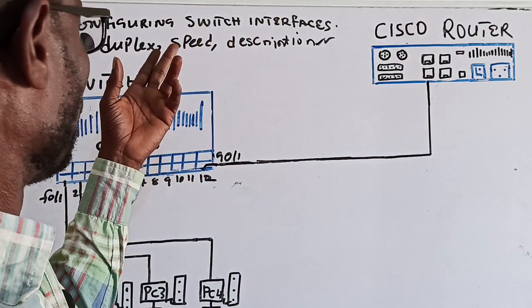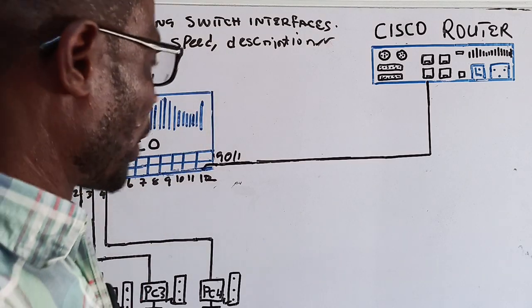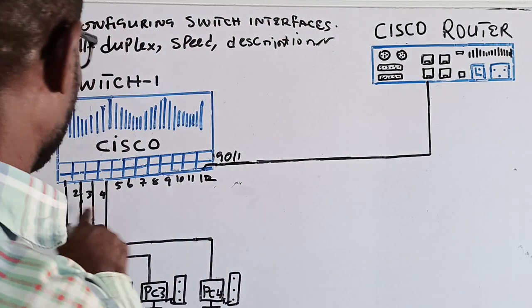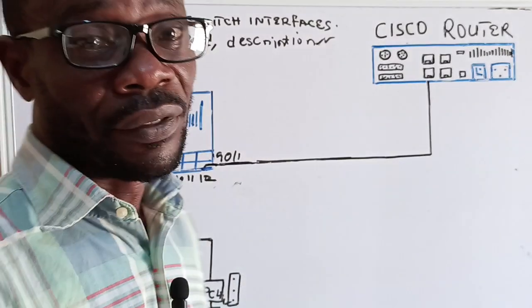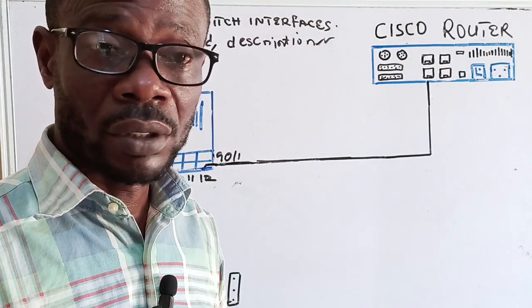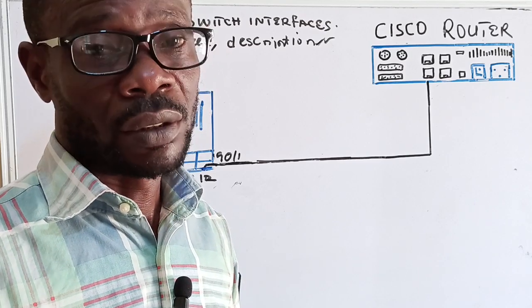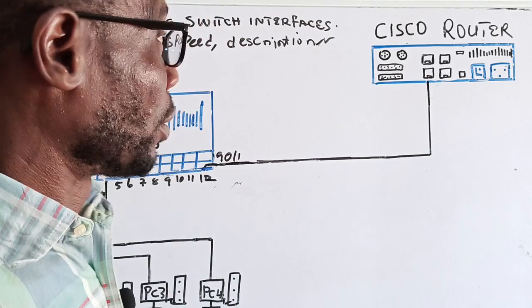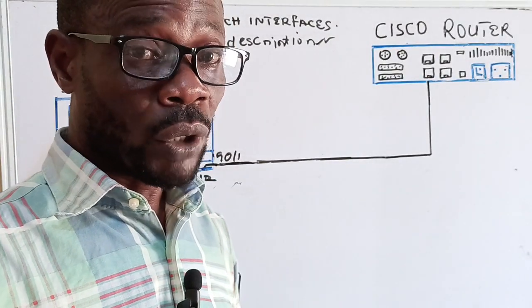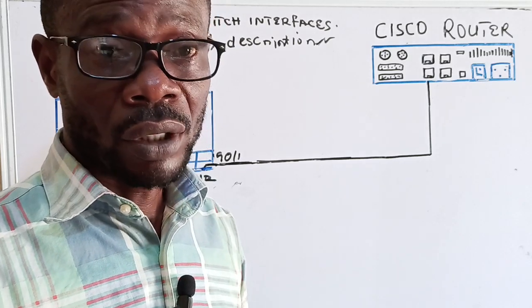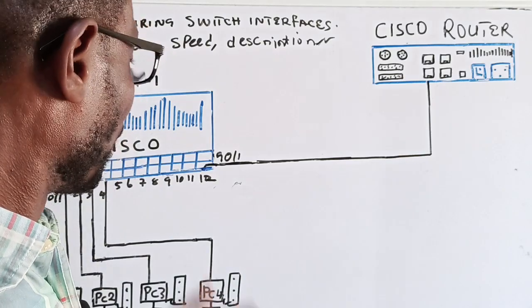I'm here to teach you configuring switch interfaces. These switch interfaces, from F0/0 to 24, can be configured for different settings based on what you are doing. Based on configuration, they can be configured as trunk links, with VLANs, or with access. It's a router that can be configured with an IP address.